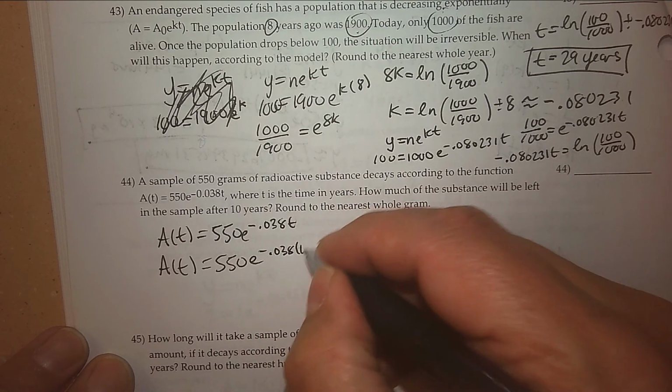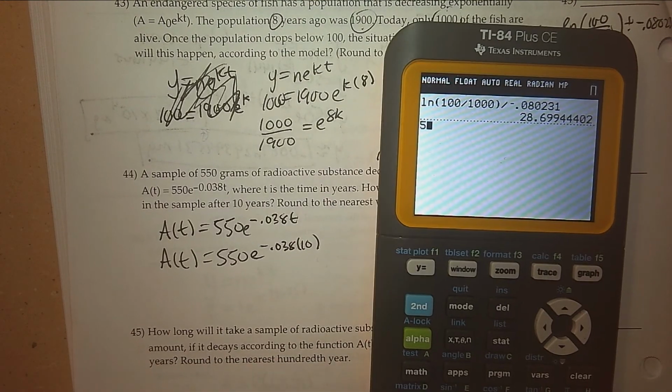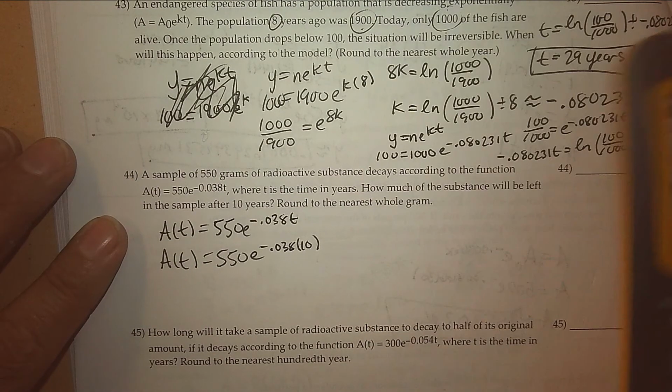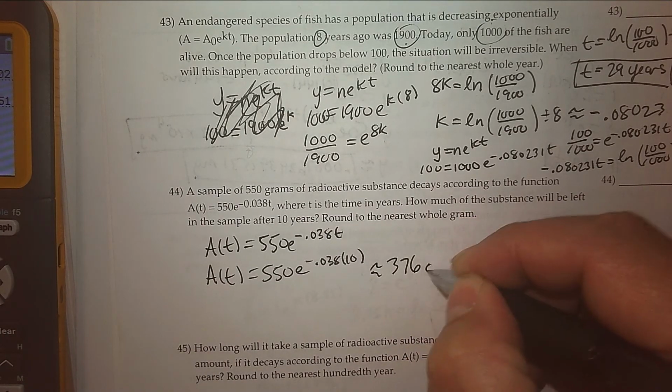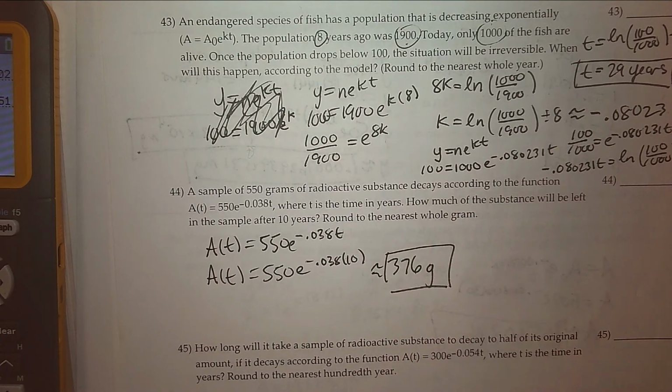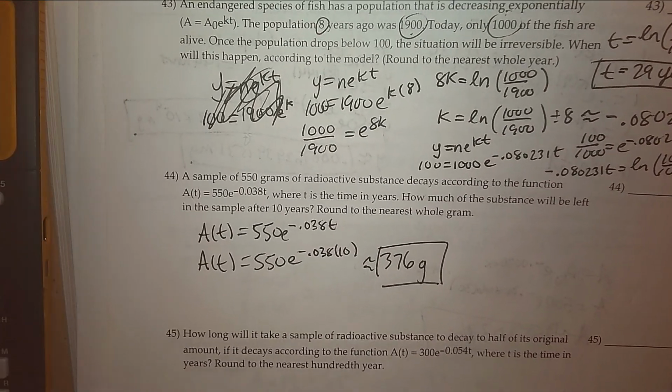Plug in 10 for t for 10 years, and then just use your calculator. And to the nearest whole gram, it's 336 grams. So in 10 years, that's how much would be left of that radioactive substance.